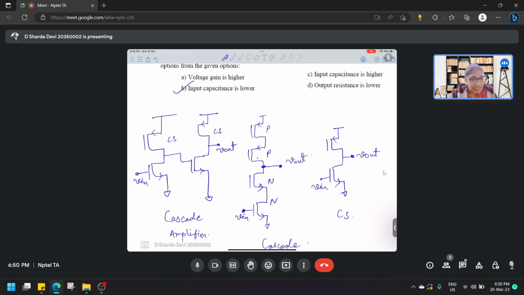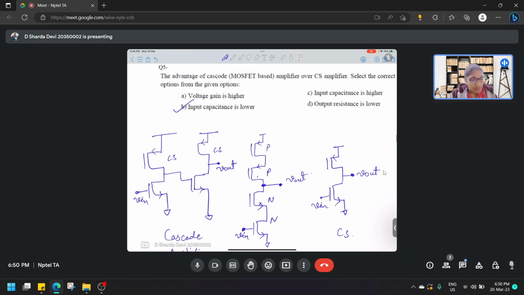Now, what else is the advantage? Since we have two transistors in series, it will increase Z out, which will finally increase the voltage gain of this cascade amplifier. So another advantage is the very high voltage gain.